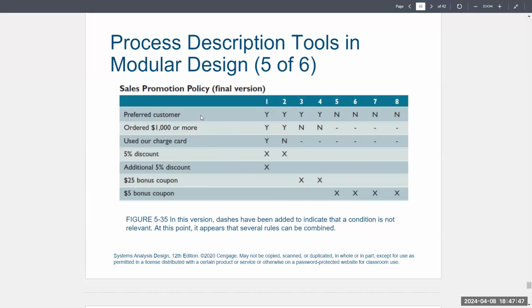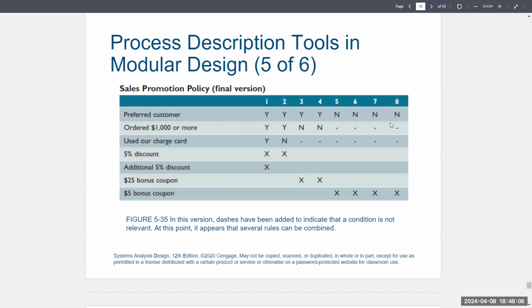So they're saying the conditions are: preferred customer, ordered $1,000 or more, used a charge card. Those are the 3 conditions. And if you have 3, you have 8 outcomes, 2 to the power of 3.